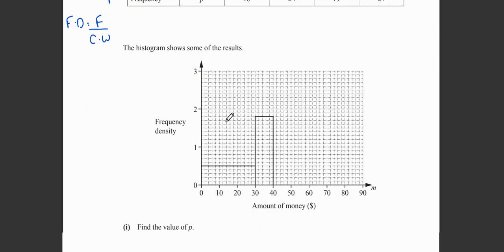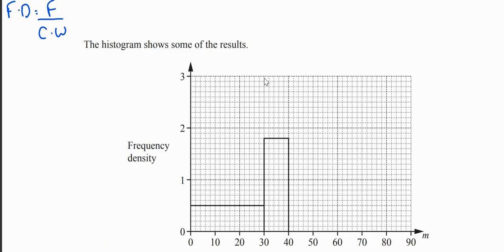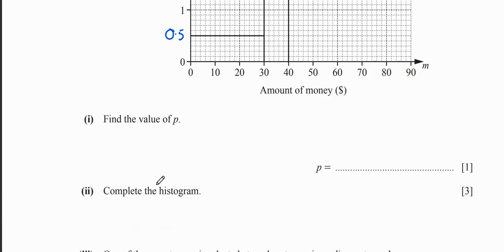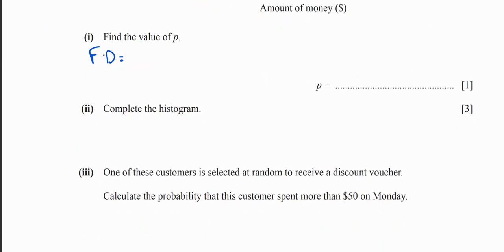So look for P, the frequency density is already given. Frequency density is 0.5. We can look from the histogram. So look, what's the formula for frequency density? Frequency divided by class width. Now look, frequency density is 0.5.